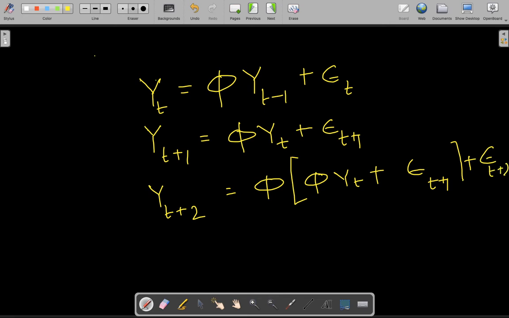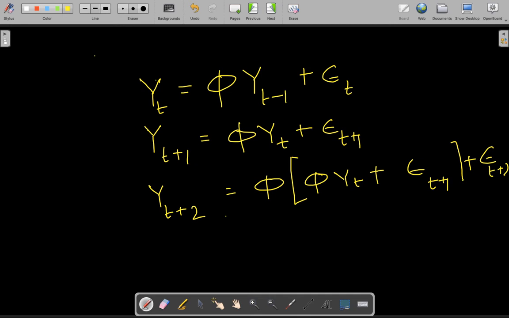Now look at it carefully. What I'm trying to do is express yt plus h, or whatever h I want to put here, in terms of yt, because when I do the covariance structure, I need the covariance between yt plus h and yt. That is precisely why I am following this way of derivation.